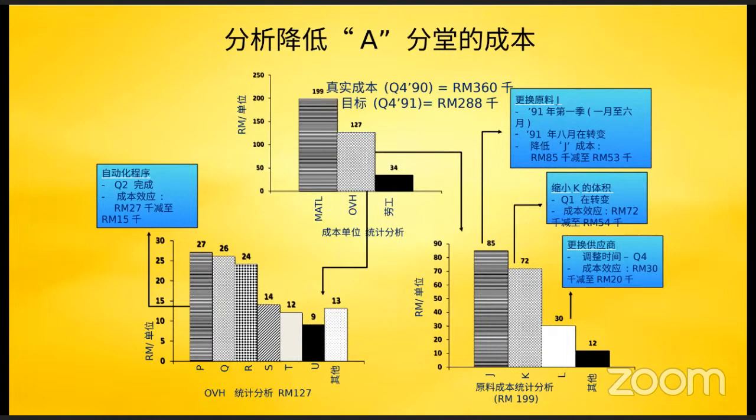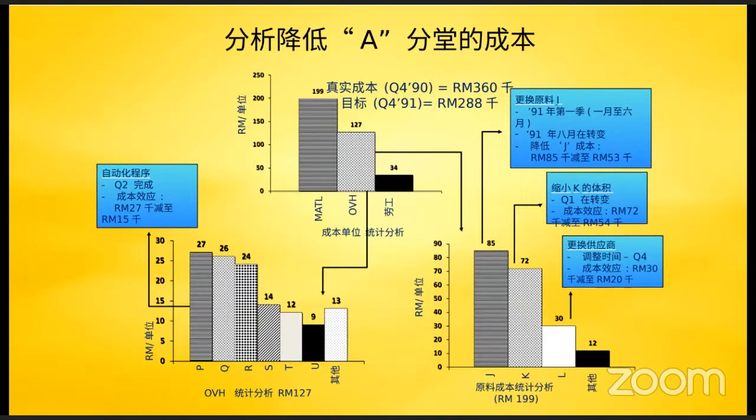I think this is expressed in thousand, so I will correct this. So the first one is 85, the second one is 72.